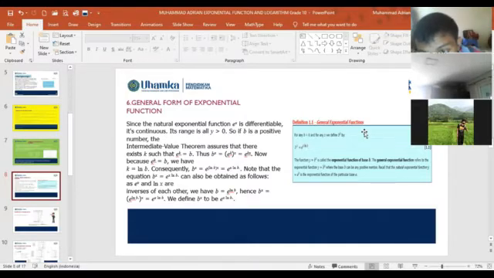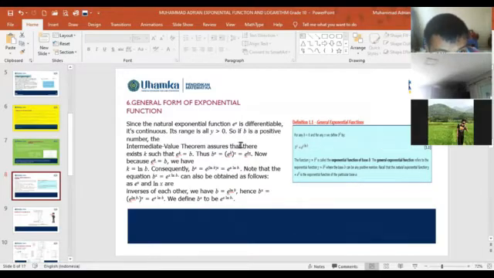The general exponential function refers to the exponential function y equals b power x, where the base b can be any positive number. Recall that the natural exponential function y equals e power x is the exponential function with the particular base e.